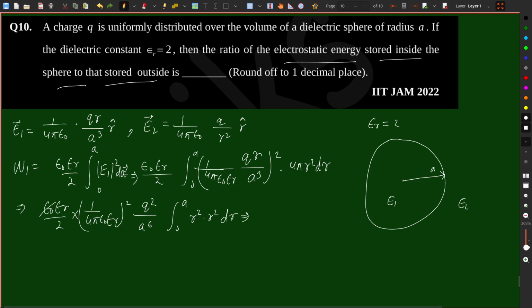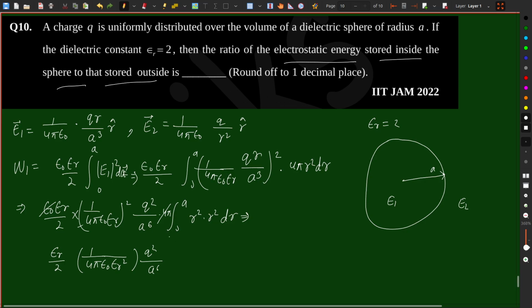So epsilon naught, and also 4 pi and 4 pi will cancel out, so that will be epsilon r divided by 2, 1 over 4 pi epsilon naught and epsilon r whole square, Q square over a to the power 6, and solving this integral it will give us a to the power 5 over 5. This will cancel out.